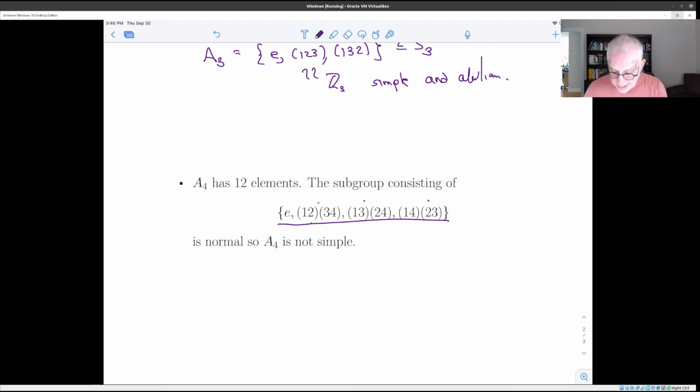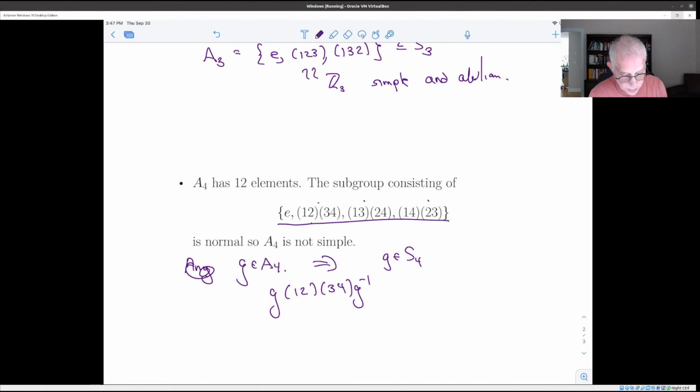Well, take any G which is in A4, and think about G (1 2)(3 4) G inverse. Since G is in A4, G is also in S4, because A4 is contained in S4. And we had a homework problem which shows that if you conjugate a permutation, you get another permutation with the same cycle structure.